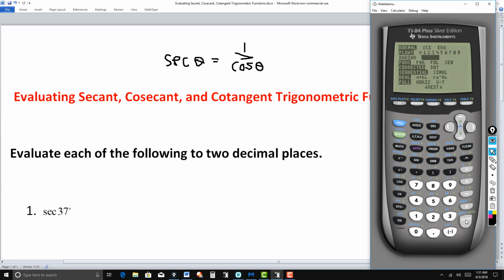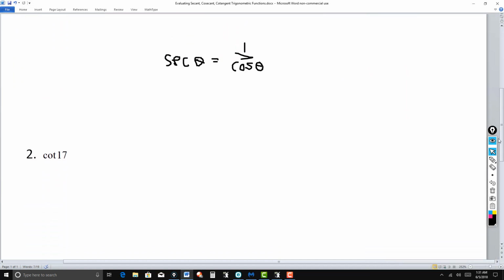Hit enter, and then we don't have to enter the degree symbol. We just say 1 divided by the cosine of 37, and since we're set to degree mode, the calculator knows this is in degrees. Hit enter, again 1.25. We'll clear this, and clear this also here.